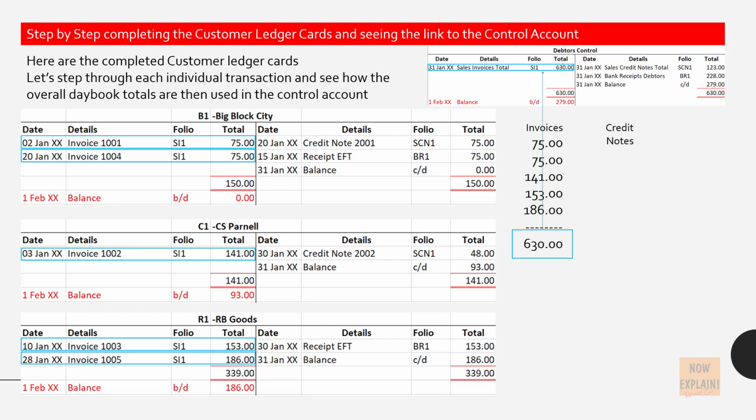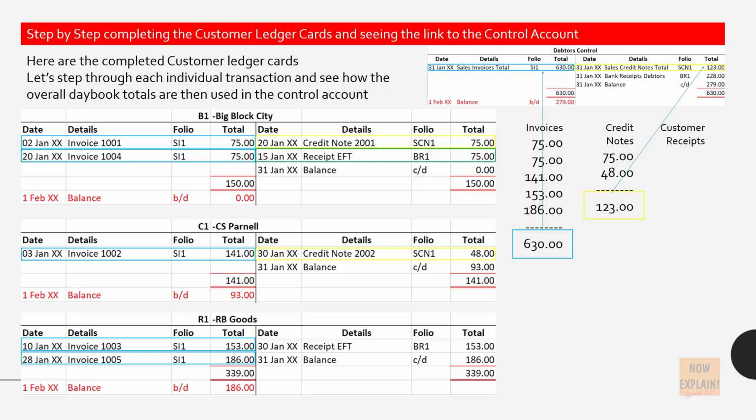Now let's look at the credit notes and where they came from. Here's our first credit note for €75, and here's our second credit note for €48. So from our sales credit note daybook, €123 is in the total column, and this is what gets posted to the debtors control account. Now let's look finally at the customer receipts.